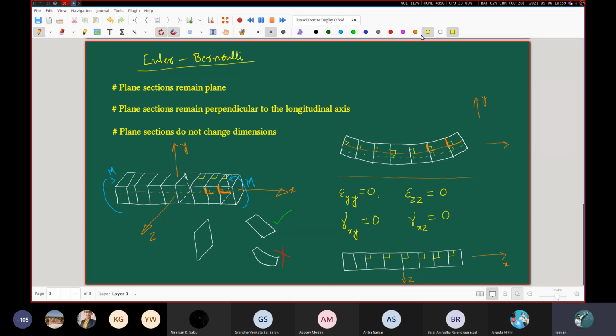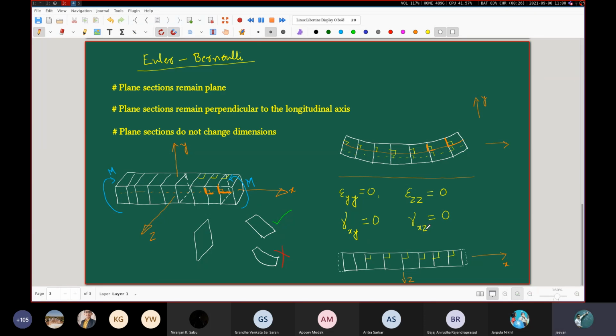You may think that because it is the top view, this thing is projecting out a little bit from here, so there will be a little bit of an extra thing here. That is all right. But as far as the angles themselves are concerned, those lines which are parallel to the x and the z axis remain perpendicular to each other. So gamma xz is equal to 0.